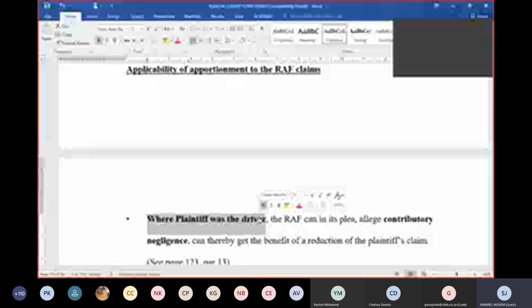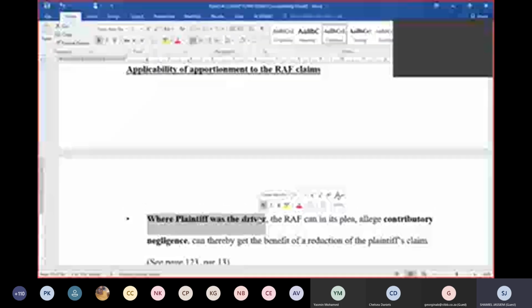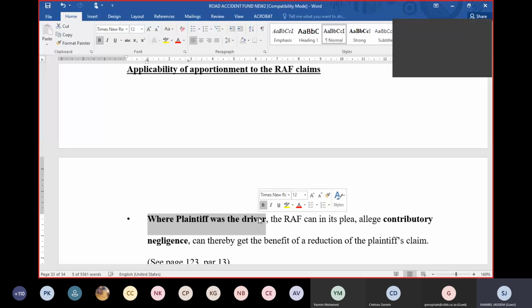What happens in practice is that if the RAF is being sued, the RAF investigators will go out to the insured driver and obtain a statement from the insured driver as to what happened. So based on the statement from the insured driver, they would be able to make a determination regarding the merits to see whether or not myself as driver A also contributed to this, or whether I was also partly to blame for the accident.